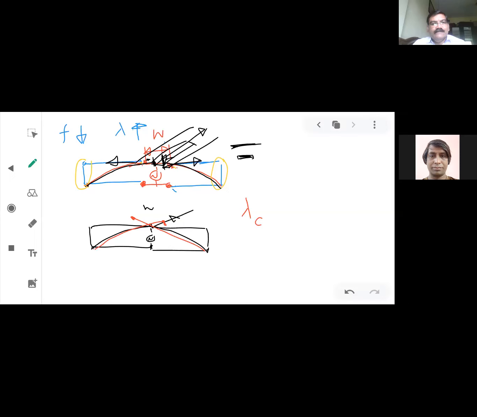Cutoff wavelength. That is the maximum wavelength for which there can be flow of power from source to the load side. And any wave which is operated at such a larger wavelength is called the dominant mode.